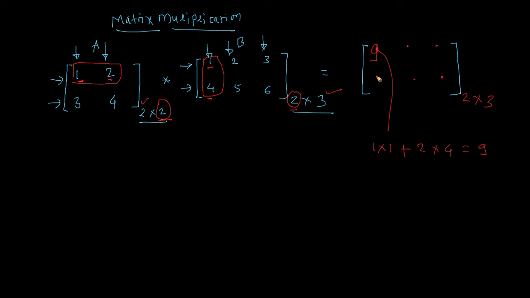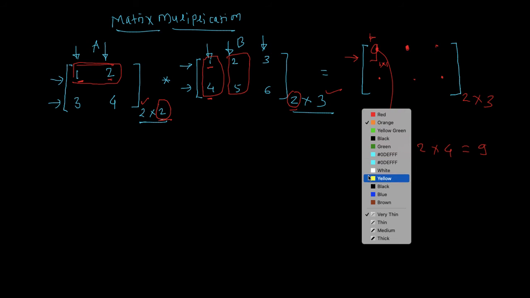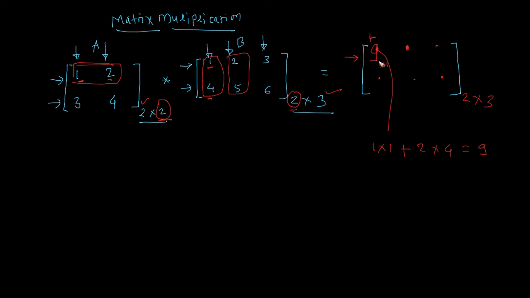So now this element here is equal to the first row multiplied with the second column, right? Because if you look at this matrix, this is row number 1 and this is column number 1. So this is 1 cross 1. This element is called 1 cross 1.